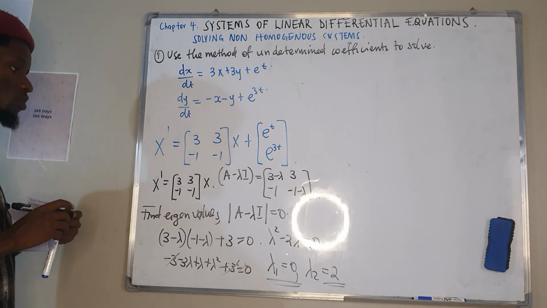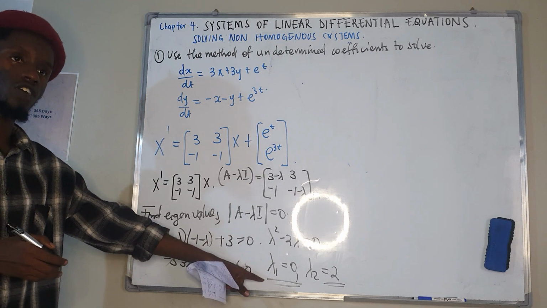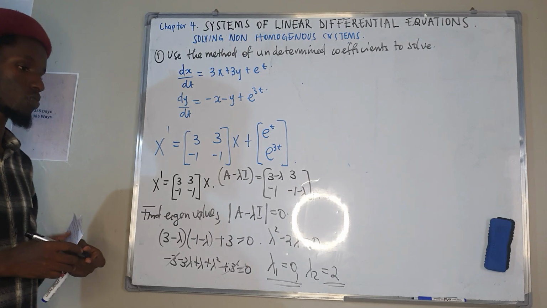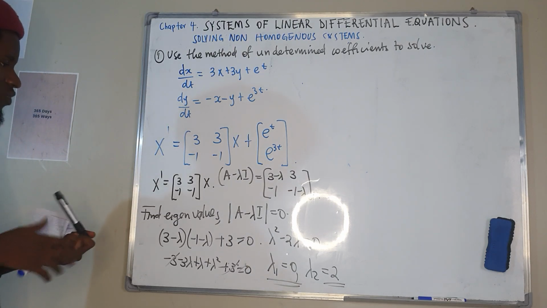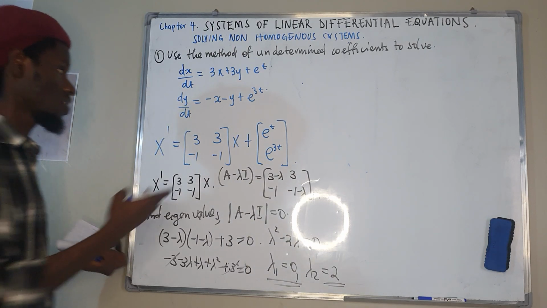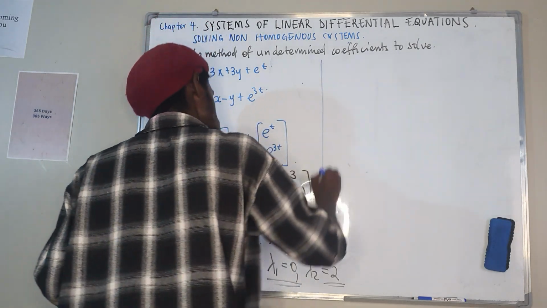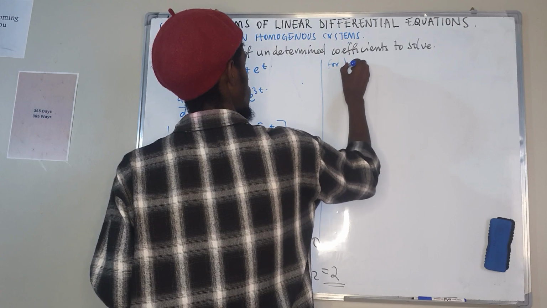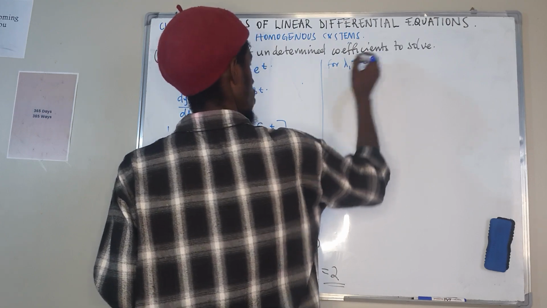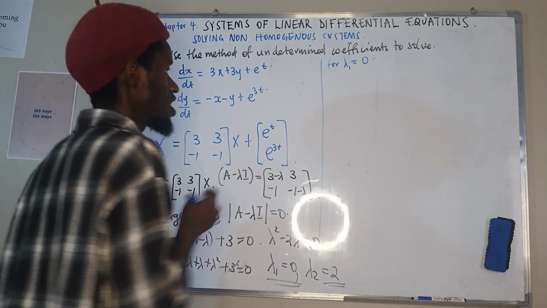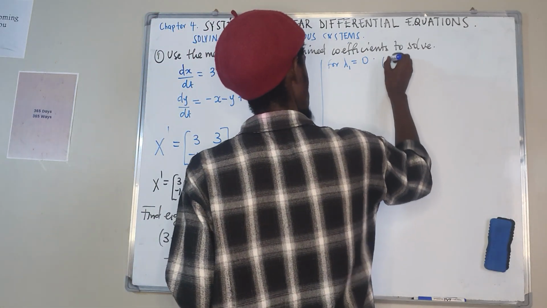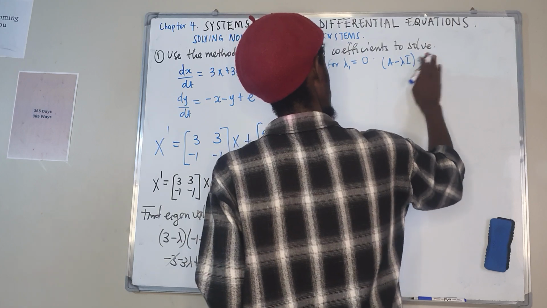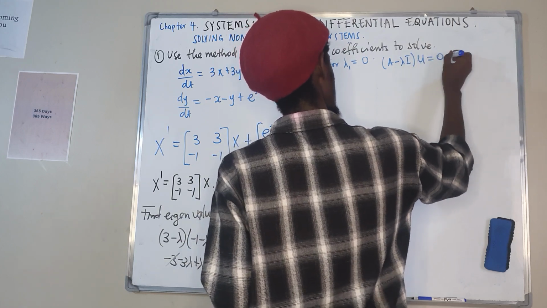Second step is for me to find the corresponding eigenvectors, so eigenvectors for lambda 1 and lambda 2, respectively. So for lambda 1 equals to 0, we first solve the system A minus lambda I times u equals to 0.